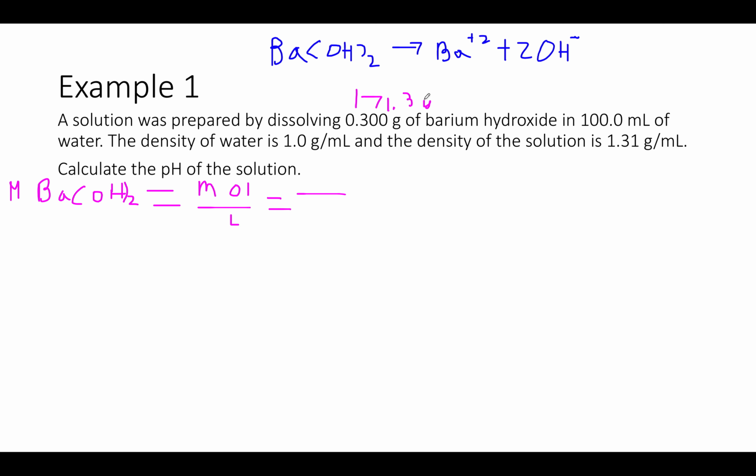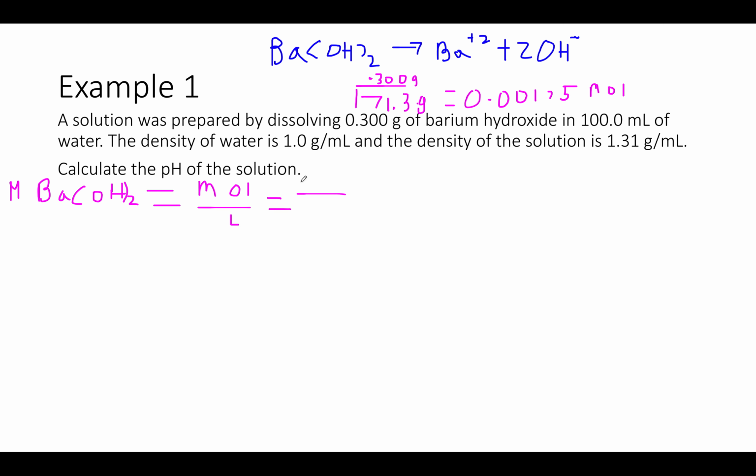So to find the moles, you divide 0.30 by 171.3, and you get 0.00175 moles of barium hydroxide.